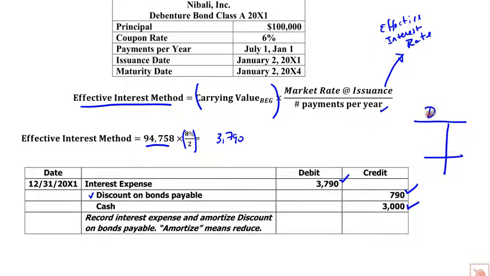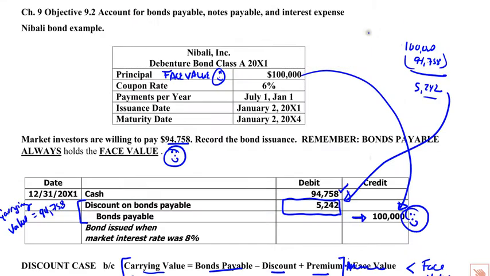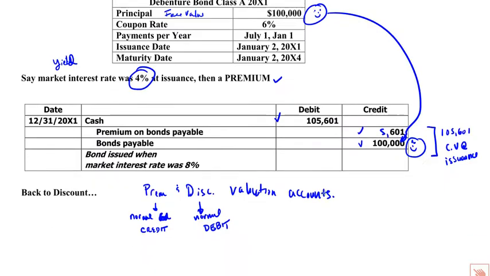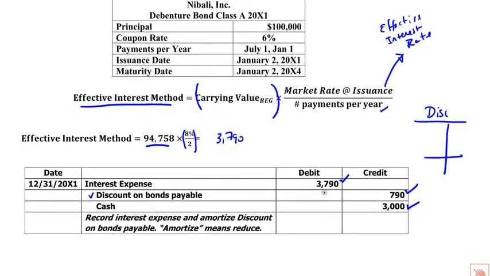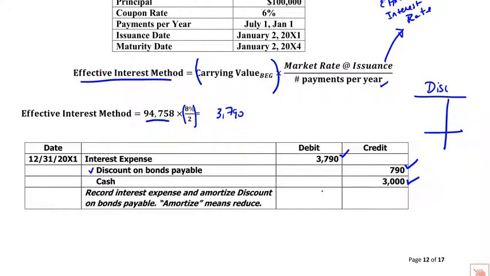So we had our discount account over here with the original issuance, 94,758, and we debited 5,242. This is the issuance. And here we're reducing it, which is referred to as amortization.